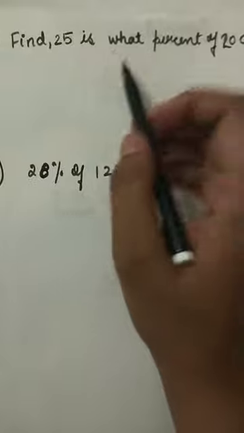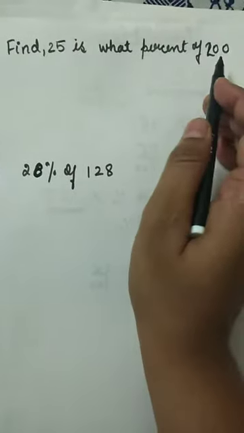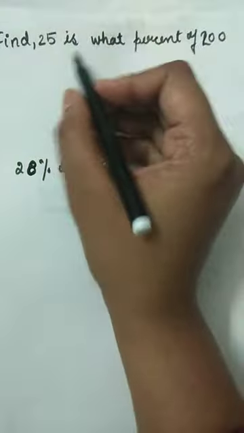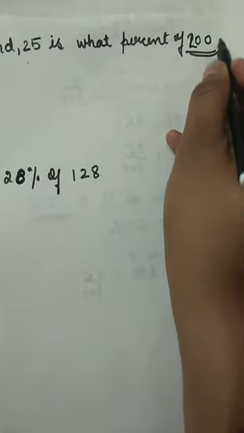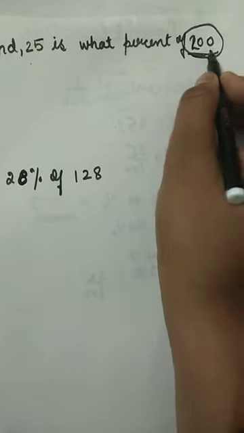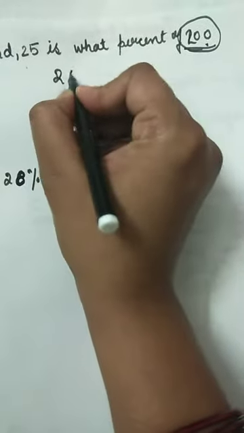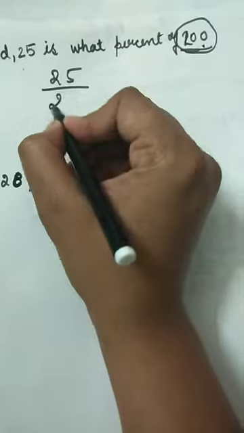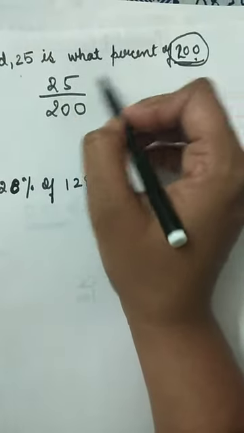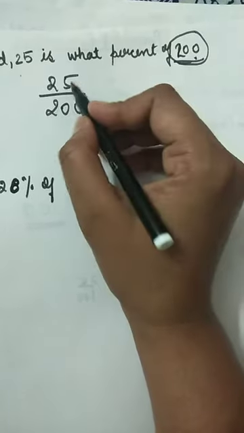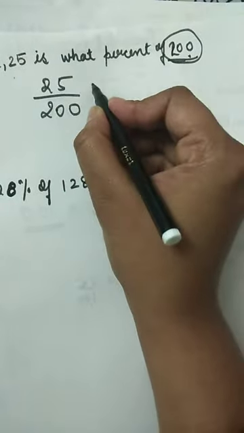Now suppose we have to solve a question: you have to find 25 is what percent of 200. Here the total is 200. So you will write 25 upon 200, and since they ask what percent, you have to change this number into percent.